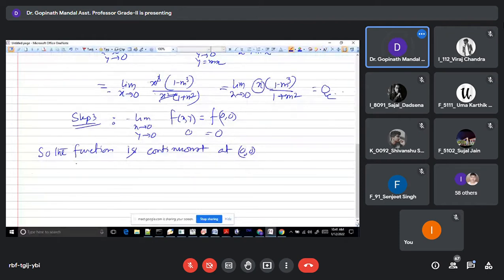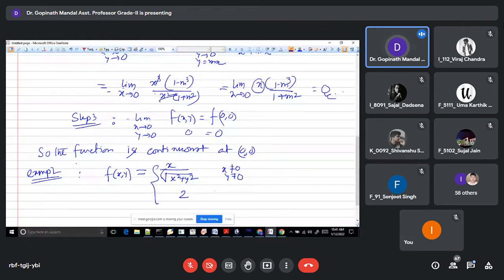Example 2. Discuss the continuity of the function f(x,y). f(x,y) is defined as x by (x square plus y square) when x and y both are not equal to 0, and equal to 2 when x and y are equal to 0.